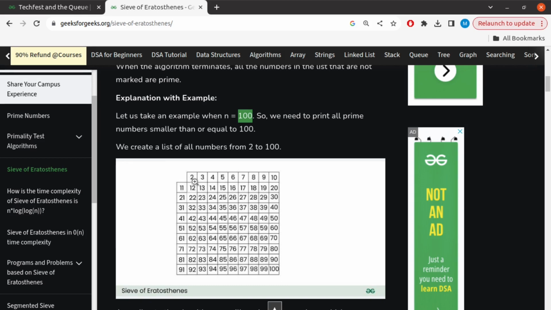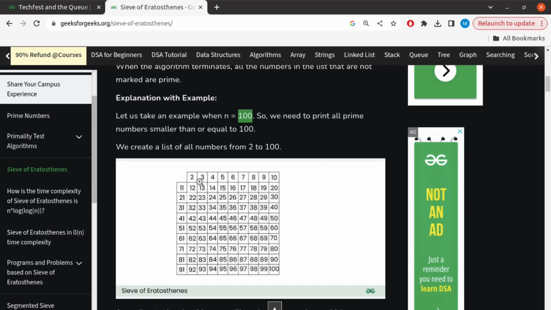Since 2 is an uncolored item, we maintain a list of prime numbers and append 2 to the list. So basically the idea is that the uncolored items will be my prime numbers. Right now 2 is not colored, so we append 2 to the list.